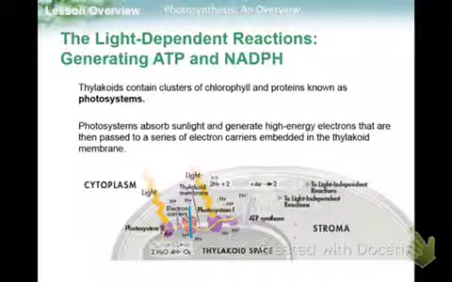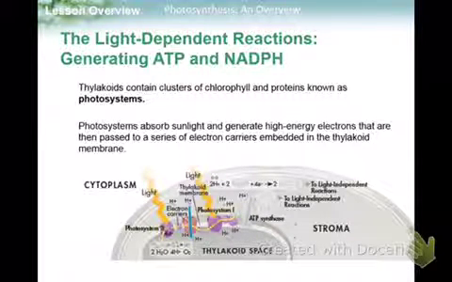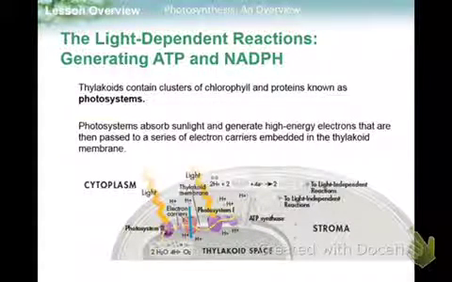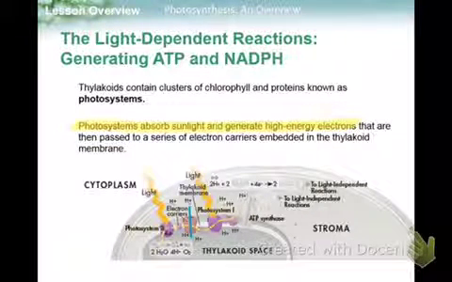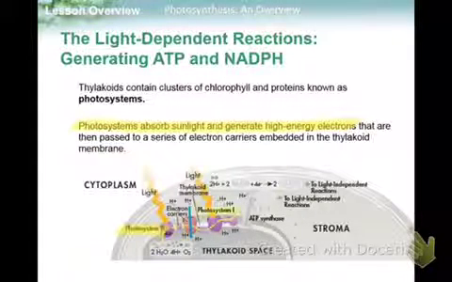Thylakoids contain clusters of chlorophyll and proteins known as photosystems. Photosystems absorb sunlight and generate high-energy electrons. Now, please note, photosystem 2, don't know why, comes before photosystem 1.